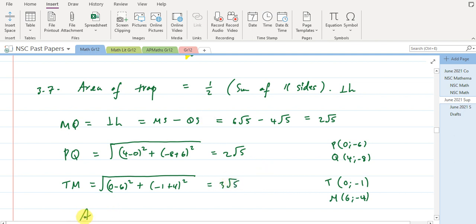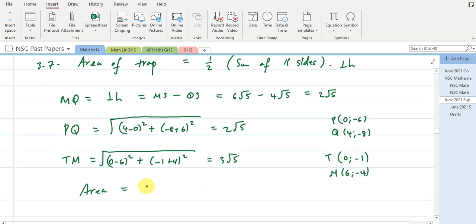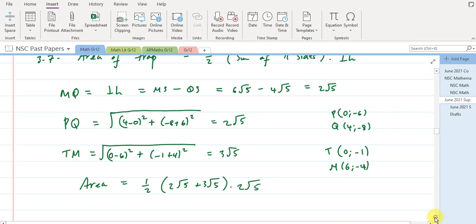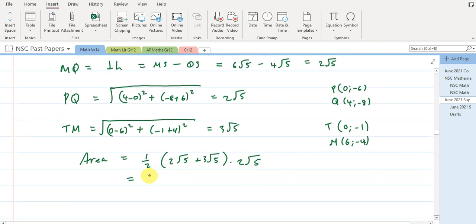So lovely. So area of the trapezium is half the sum of parallel sides, 2 root 5 plus 3 root 5, times the perpendicular height, which is 2 root 5. We get half times 5 root 5 times 2 root 5.